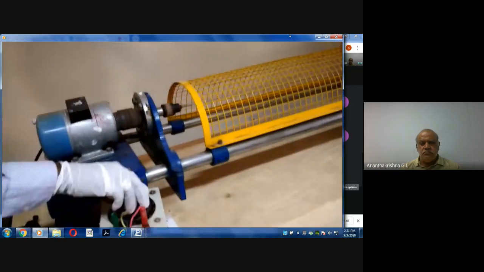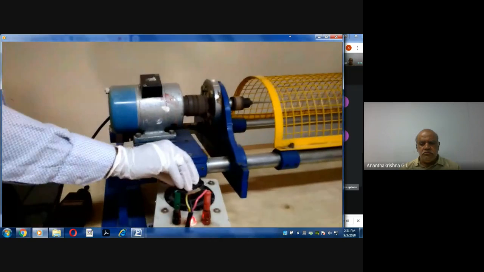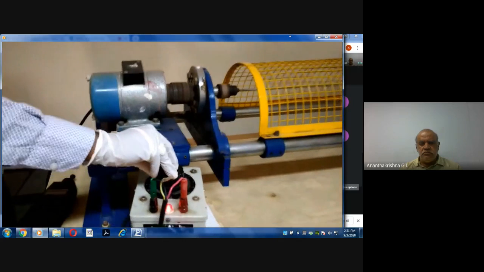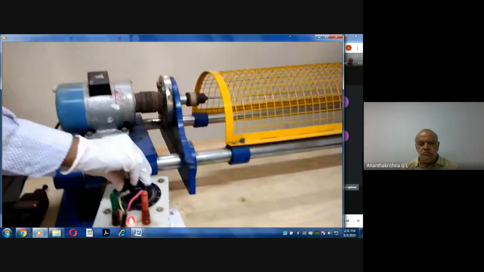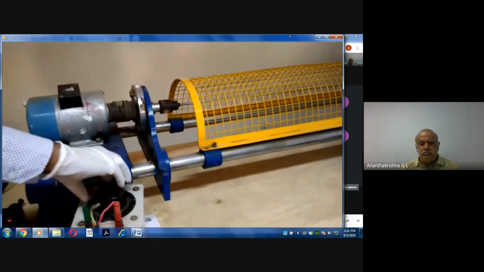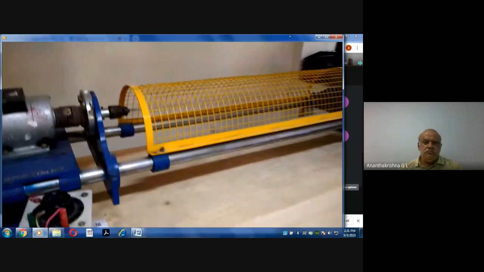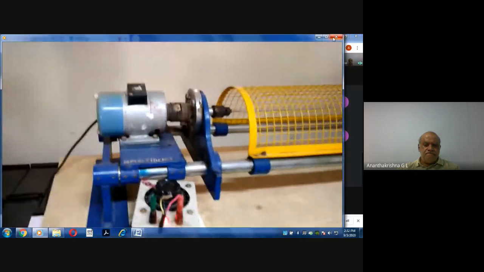Now, turn off by slowly reducing the voltage of the dimmer tab. Now we have to compare the results that you obtained analytically for mode 1 and mode 2 with the experimental values of speed.